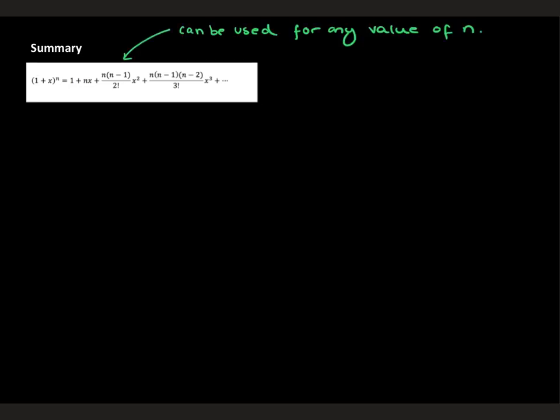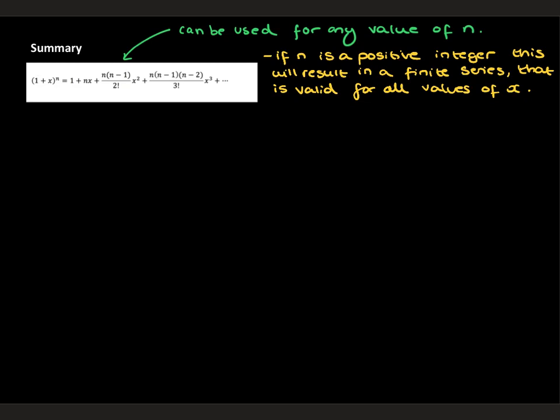We've also learnt that if n is a positive integer, then this expansion will result in a finite number of terms and will be valid for any value of x. Now, if n is anything other than a positive integer, so for instance if n is a negative number or a fractional number or potentially both, then the expansion will result in an infinite series and will only be valid for mod x less than 1.